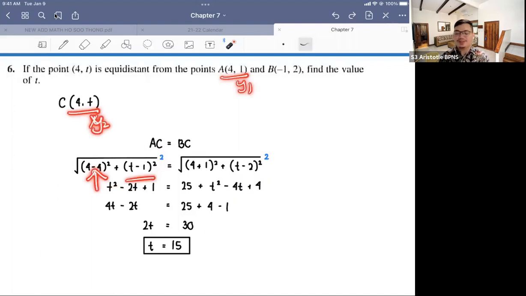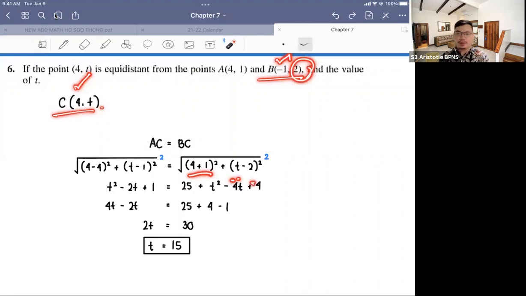So I got t minus 1 squared. Now for the length of BC, this is again my x sub 2, my x sub 1. So it's 4 plus 1, because it's 4 minus negative 1, so it's 4 plus 1. And then t minus 2 squared, of course.